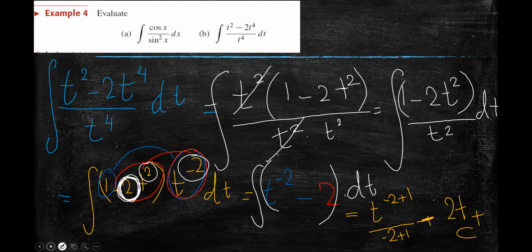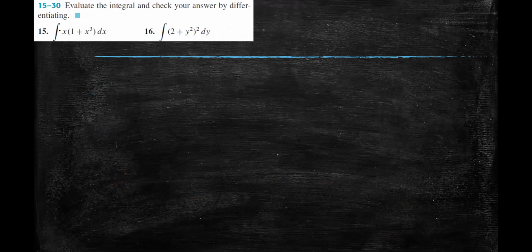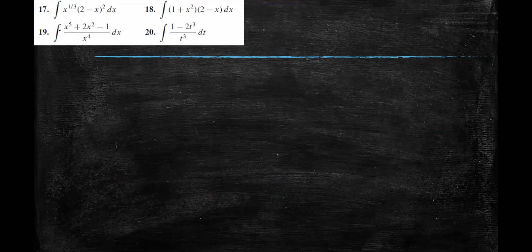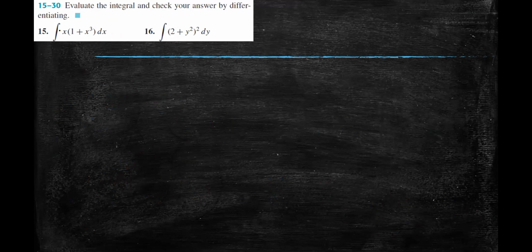Okay, let's have another example here. Evaluate the integral and check your answer by differentiating. Look at this one here. We have x multiplied by an expression, and we say that the integral sign can be distributed only if the two functions are added or subtracted.